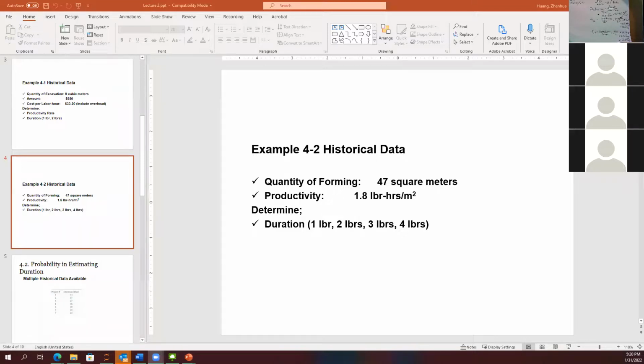Okay, I think it's already time. I already posted this week's Primavera assignment. So if you want to do it today, tomorrow, that's okay. To be honest, to do it in the lab is easier. You don't need to log in remotely, and the speed is faster because online is slow.